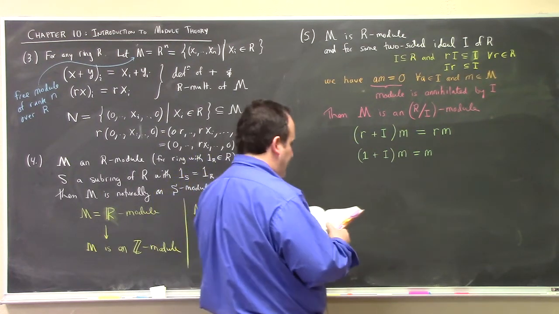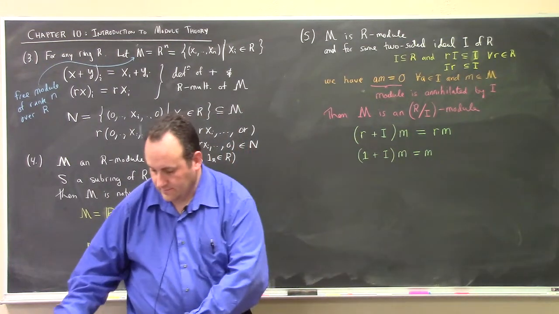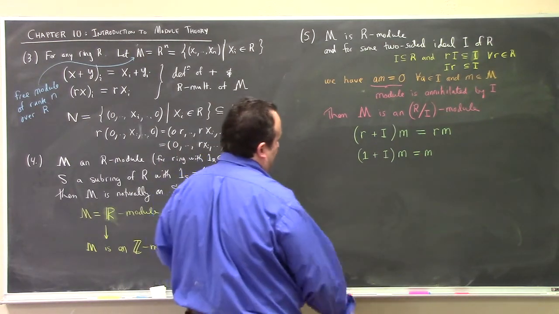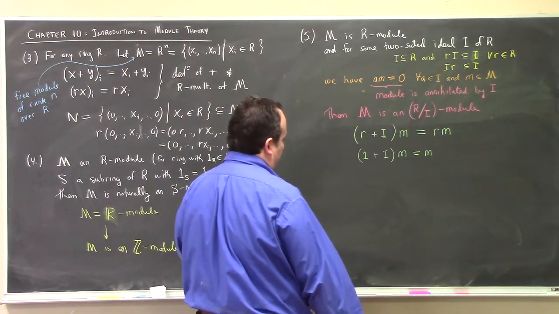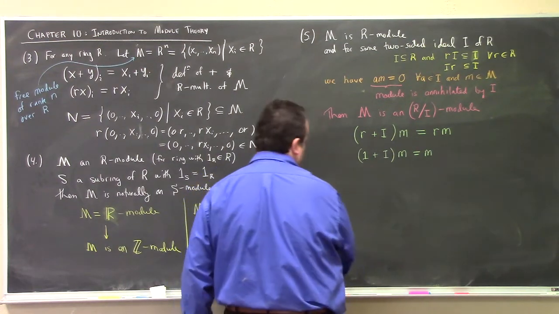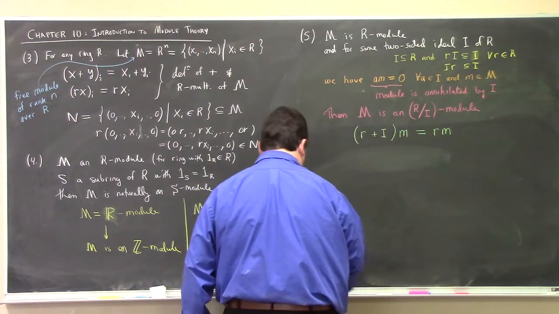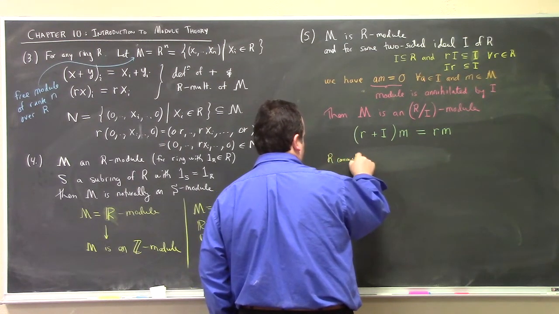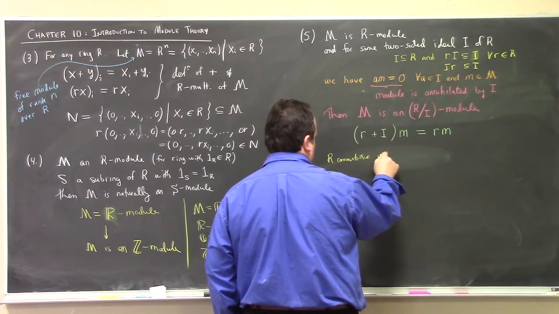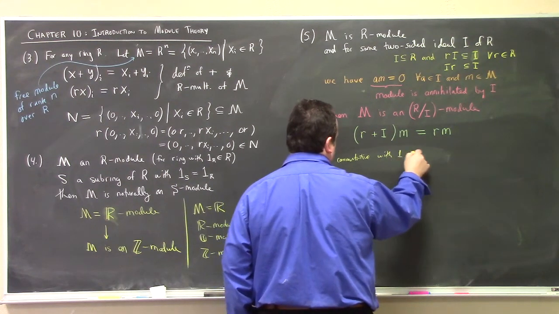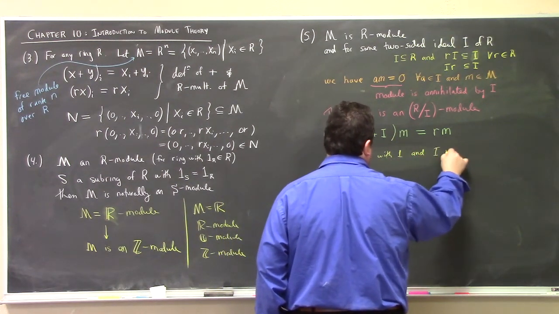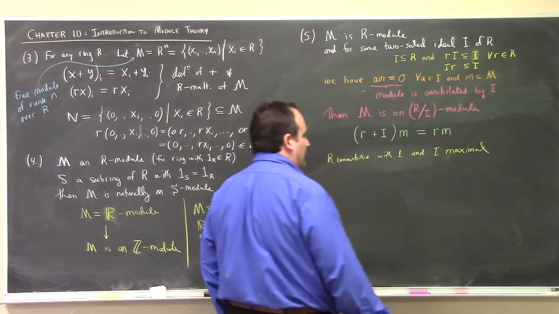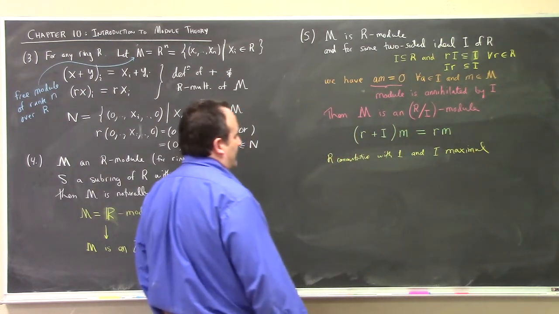So, continuing with this discussion just a little bit, if R is commutative with 1 and I maximal, what is this R mod I module?